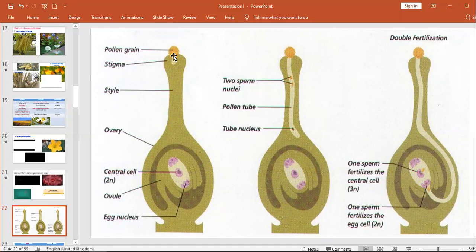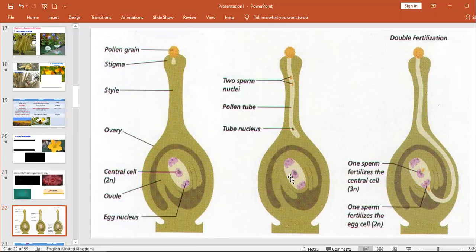After that, we can see here the start of a tube. It's the pollen tube. This tube continues to expand until it reaches this part, which is called the ovules. The big swelling is the ovary, but inside it there is a dark part, and its shape is like an egg.